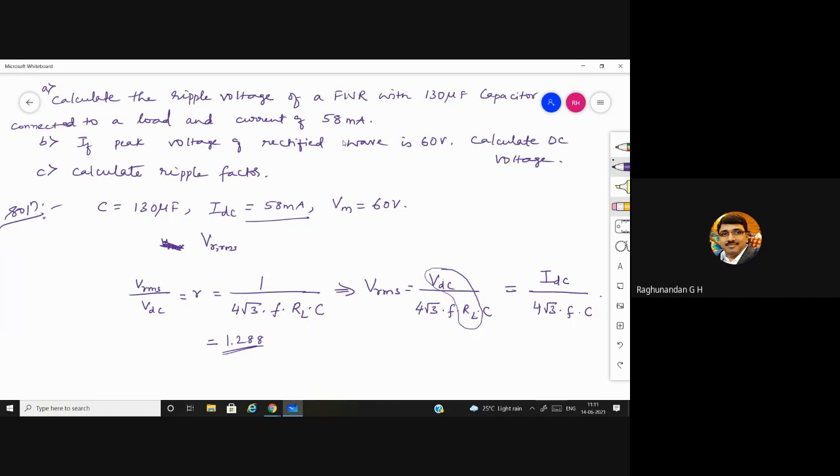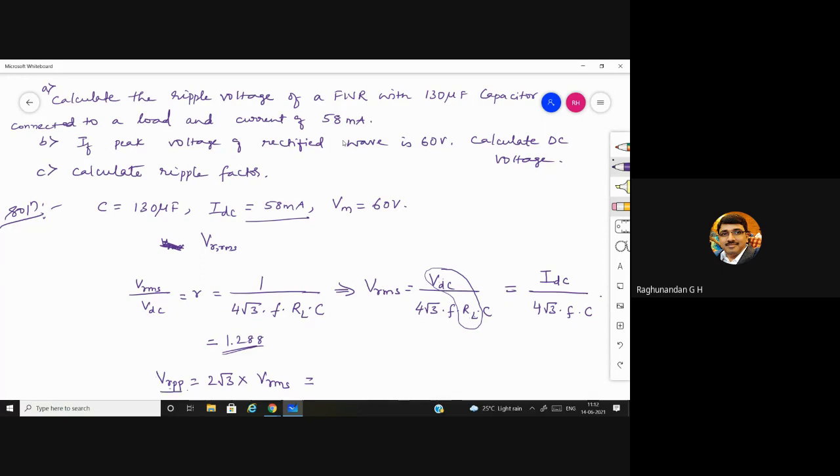But here they're asking to calculate the ripple voltage of the full wave rectifier with the 130 microfarad capacitor. So for that, again, we need to do VR peak to peak is equal to 2 root 3 into VRMS. We need to multiply it with 2 root 3, then only we'll get the ripple peak to peak or ripple voltage of the full wave rectifier.